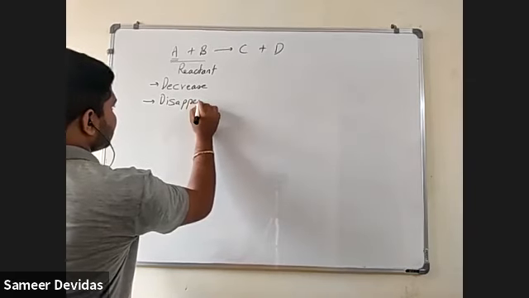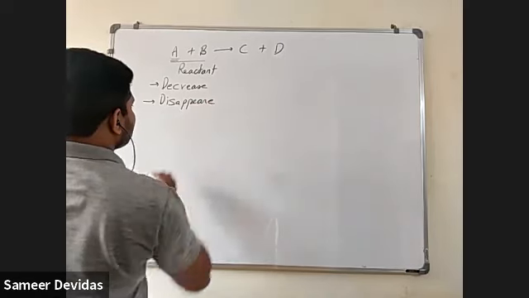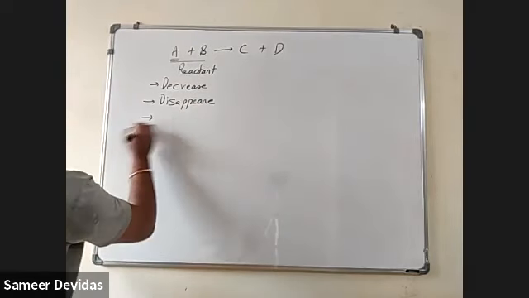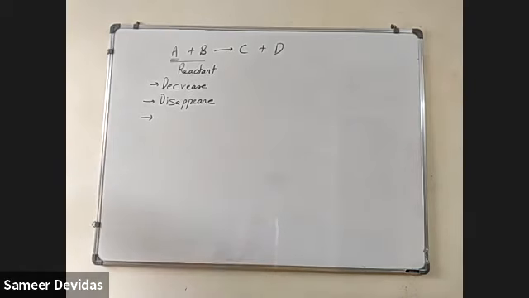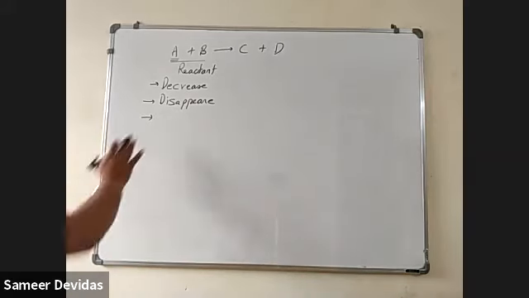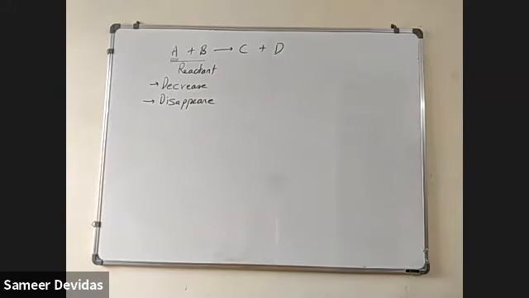It disappears. So you can write down that. Then one more word is there: reduces. At least these two words you can go with, because most of the problems use these two words.